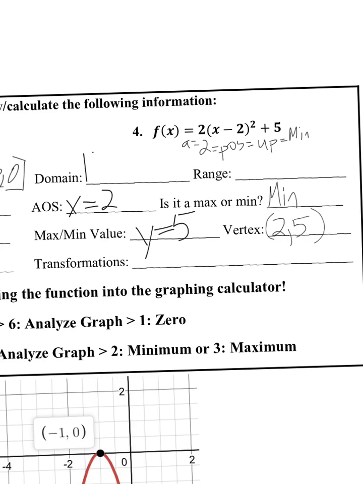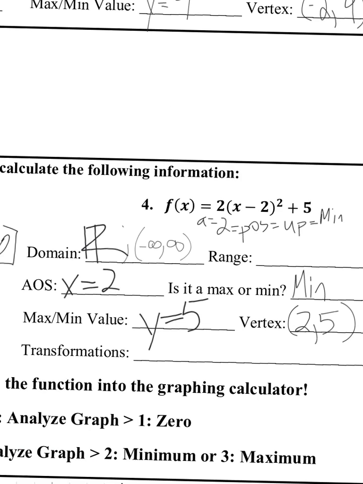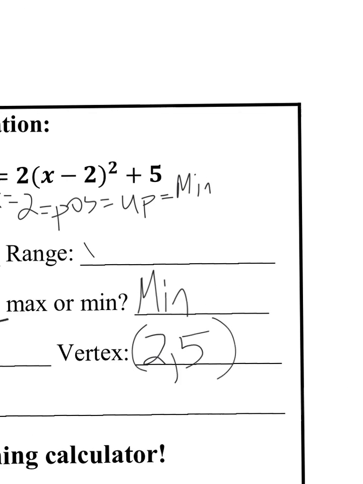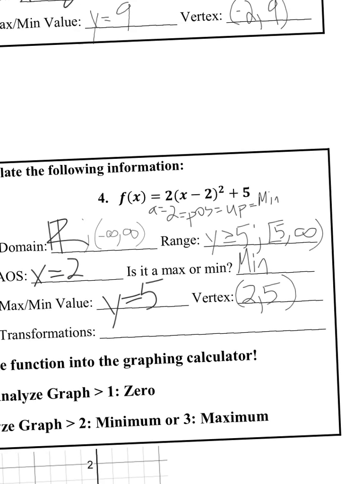So I know my domain is all real numbers, and then my range is, well, the lowest point is 5, and then it's going up. So my range is y is greater than or equal to 5, or 5 in a bracket is the lowest point to infinity as the highest that it'll reach. It'll just keep going and going.